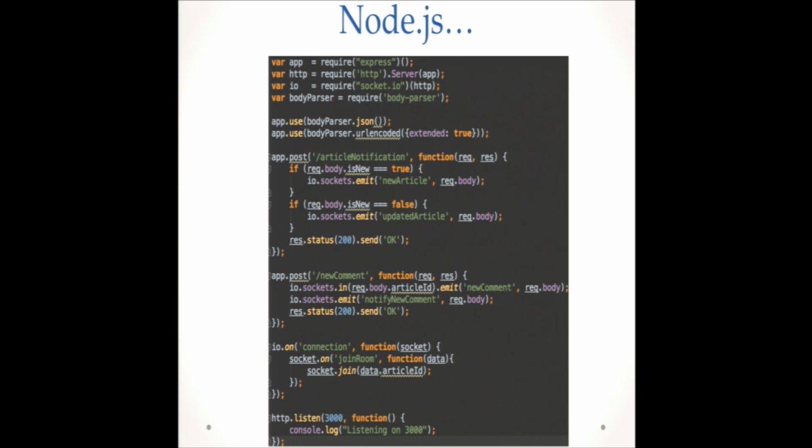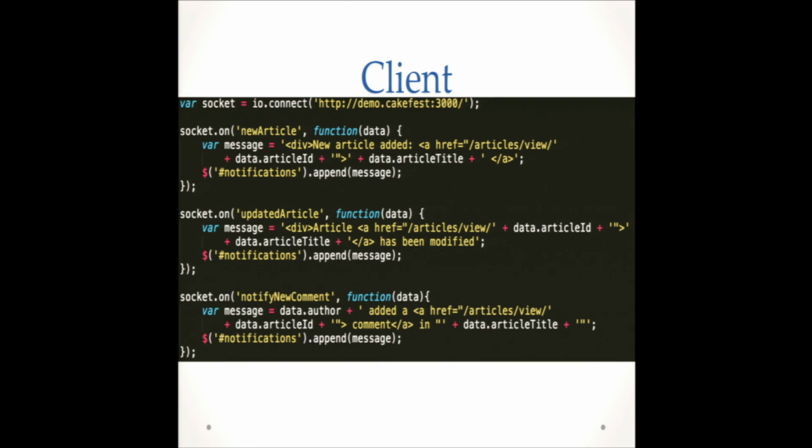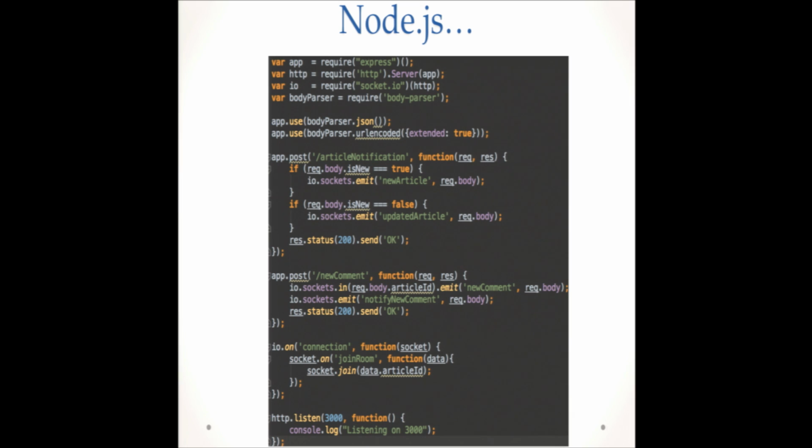So on the connection event, we receive the socket as a parameter, and on the client side, after we connect, we will emit an event. It's not in this slide, but on GitHub, in the article view page JavaScript, you will see that after we connect, we emit an event with the name join room.